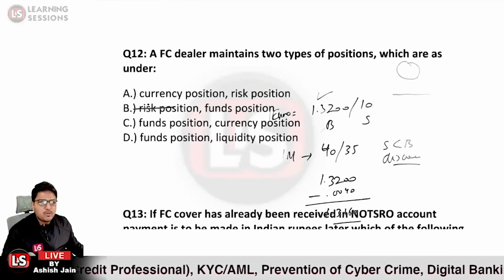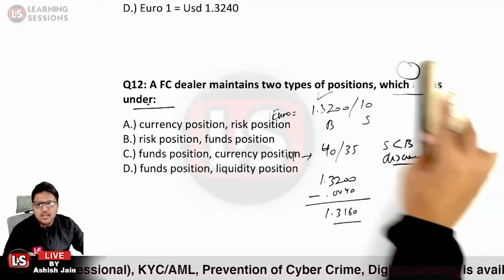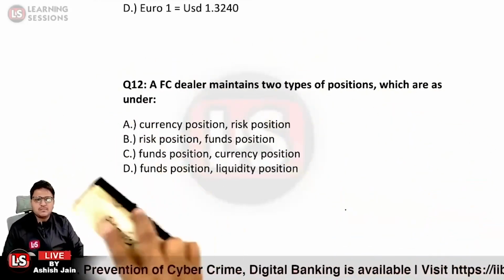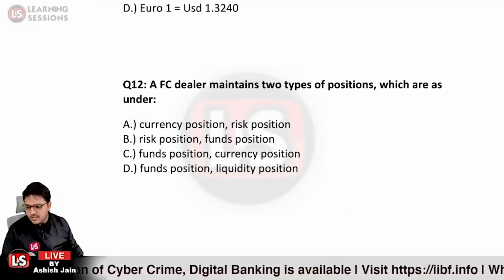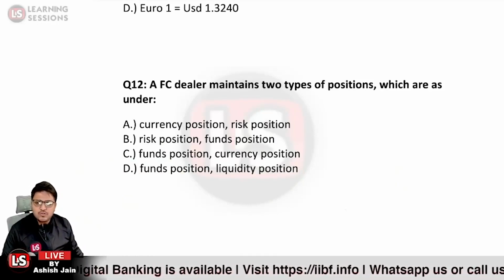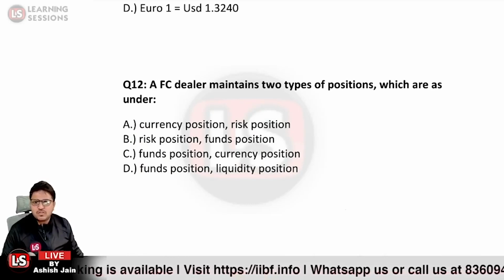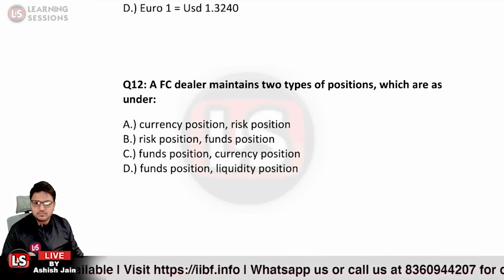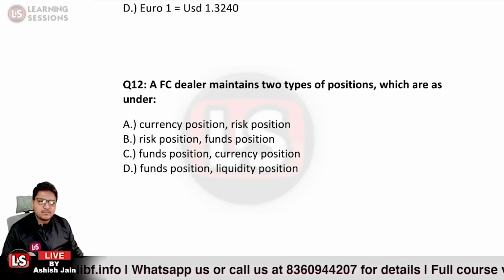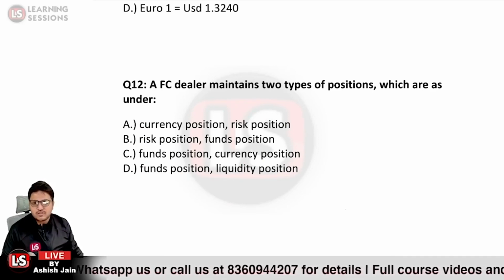Now let's move to question number 12. It says a foreign currency dealer maintains two types of positions, which are as under. Which are these two positions?